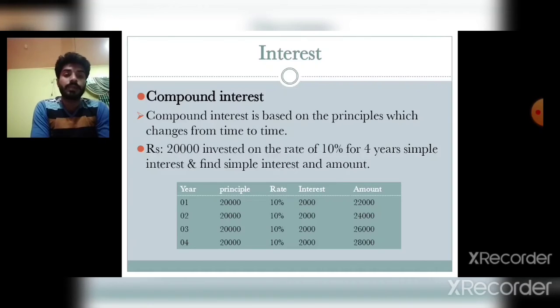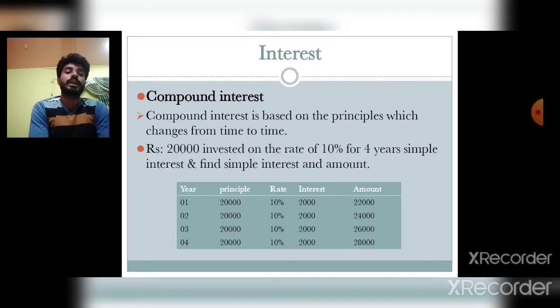The principal amount is 20,000 and the rate is 10%, and when we find the interest on 20,000, it will be 2,000. So the compound of simple interest increases annually. In the first year the principal amount was 20,000, the rate was 10% and the interest was 2,000.